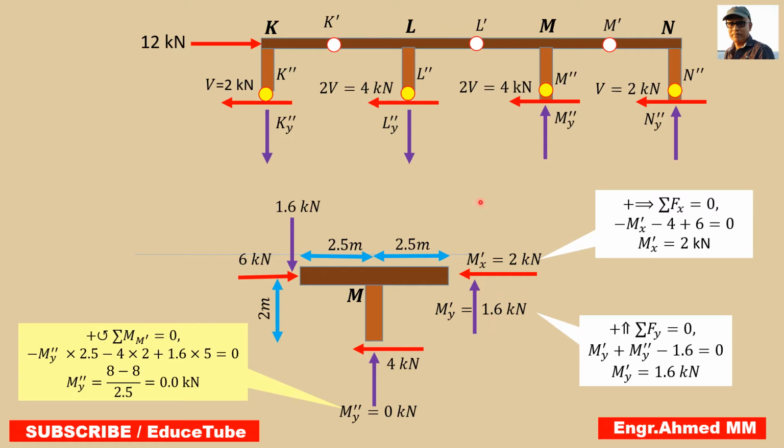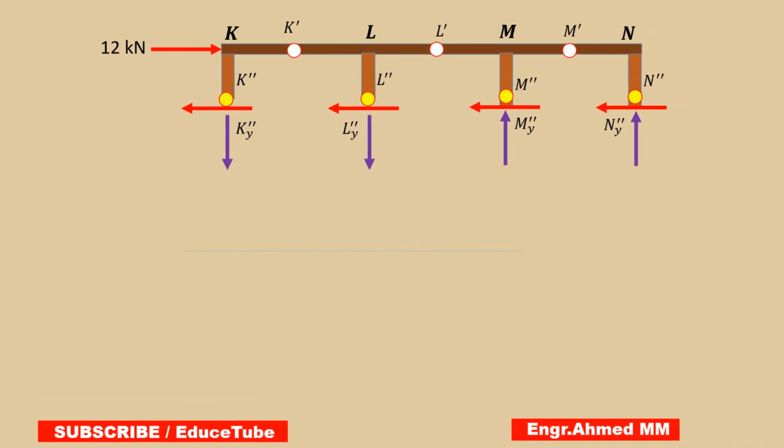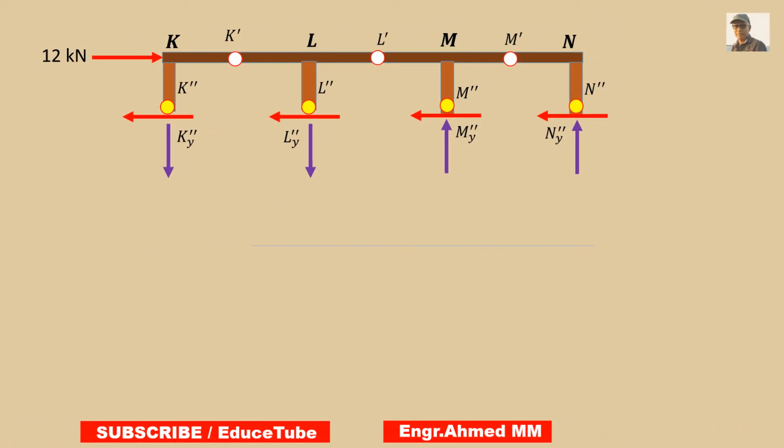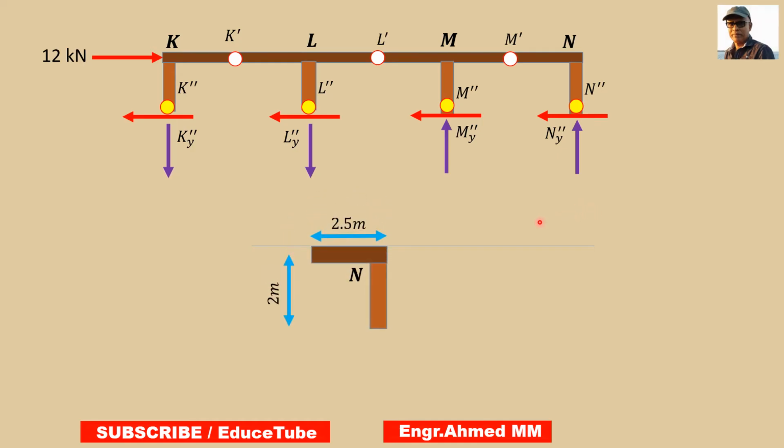Now let's move to the last segment, N. So let's bring that. Now the same procedure we have to follow to know what the reaction components are at these points.